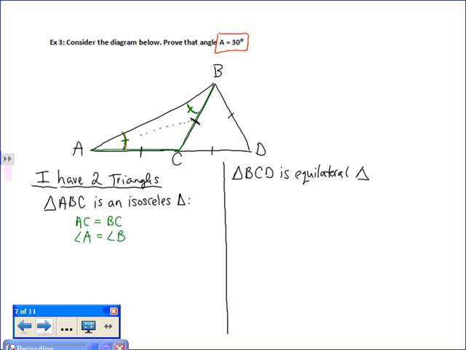Because I see that these markings on each side are the same, which tells me that all 3 of their side lengths are equal. So C to B is equal to B to D, and that's equal to C to D. So those are 3 equal sides, and there are also 3 equal angles in an equilateral triangle.